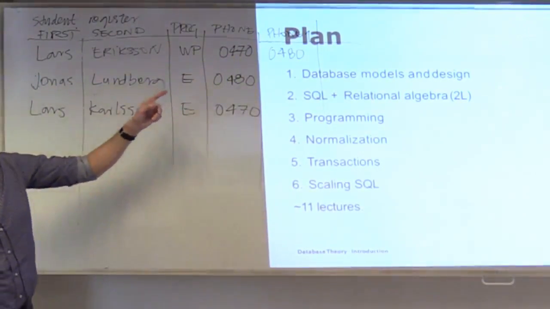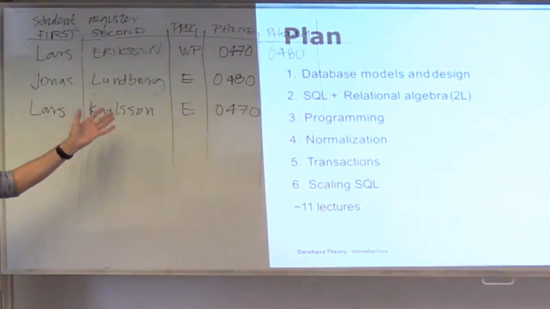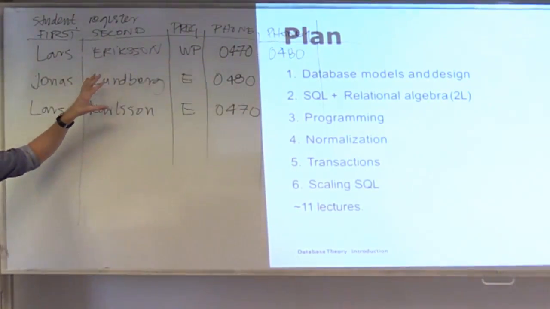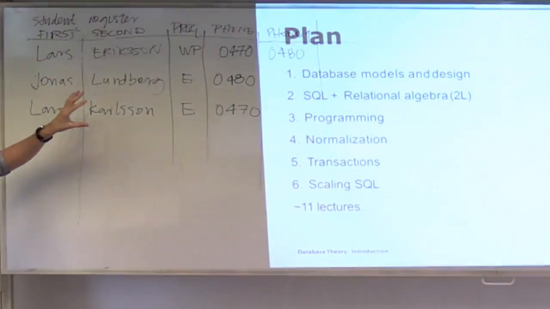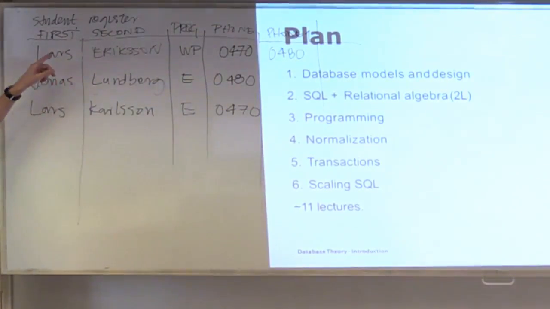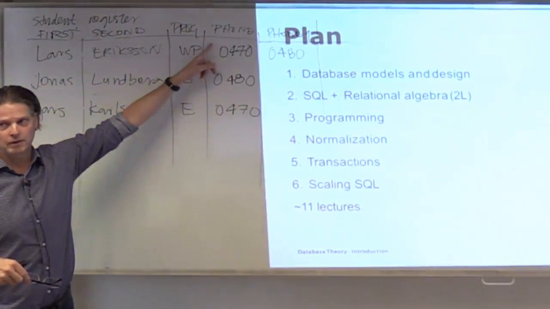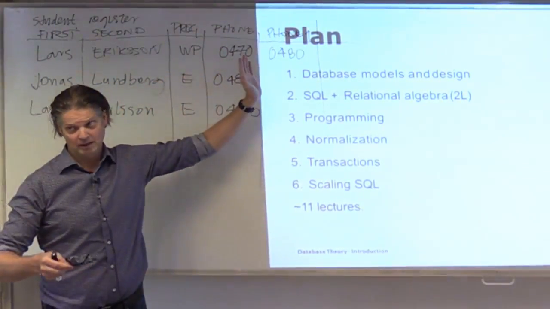But let's assume we have already released that table into the wild, so some other programmers are using it. So they are relying on the fact that the names of the columns are first, second, program, and phone. And you're adding phone 1, which might be fine.